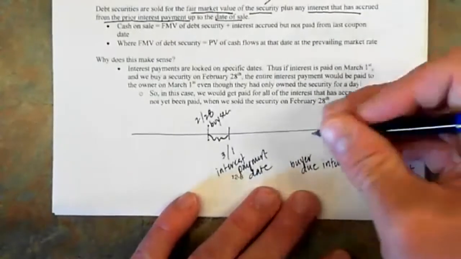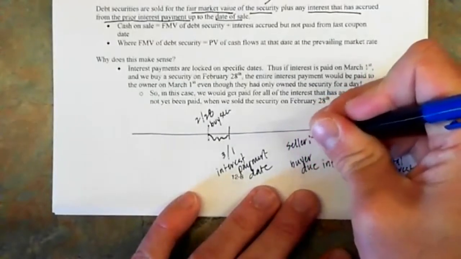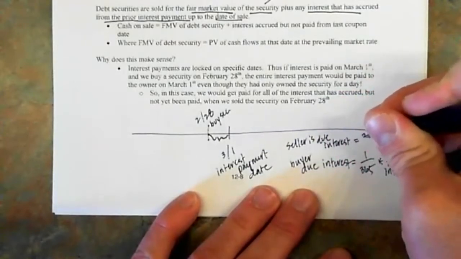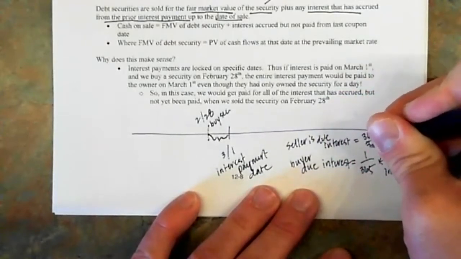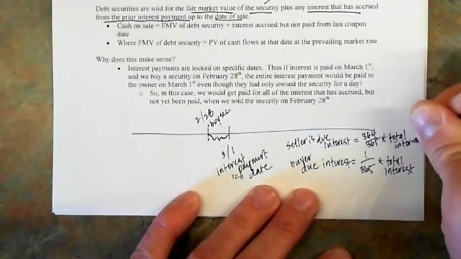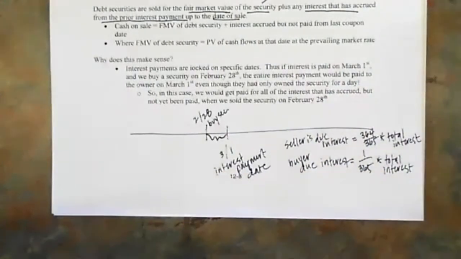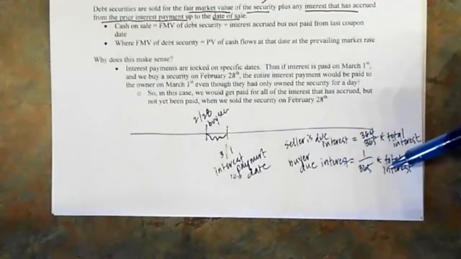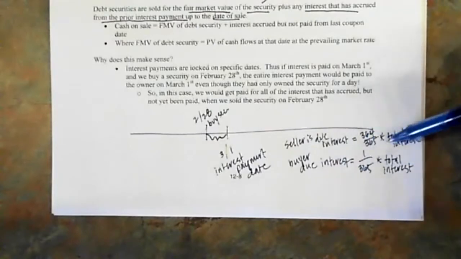And the person who sold it to us is due 364 of 365 of the total interest. So then what we're going to do as the buyer of this, we're going to pay them an extra 364 divided by 365 times the total interest, showing that they basically get the entire interest payment.